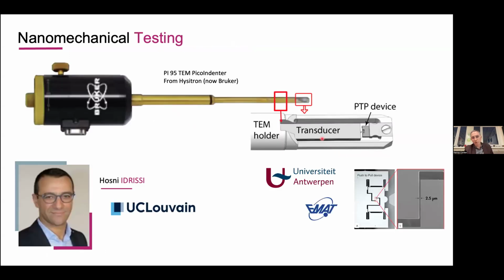We wanted to reproduce that in the TEM, and we did that with my friend and colleague Hosni Idrissi in Belgium at the Université Catholique de Louvain, where we can perform in situ deformation in the TEM. So this is the kind of sample holder that we use. It's from Hysitron, now Bruker. And in the small place where usually we have a sample, we have now a deformation device.